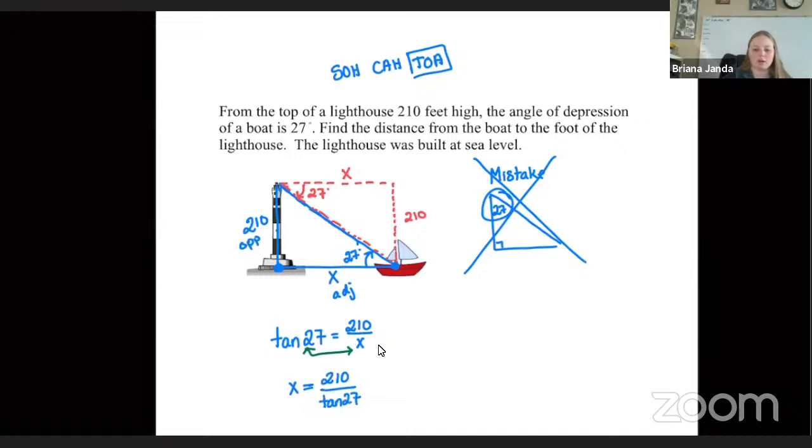So let's type that in our calculator. I'm going to round this to the nearest whole number. I got 412.41482..., which would be approximately 412 feet.